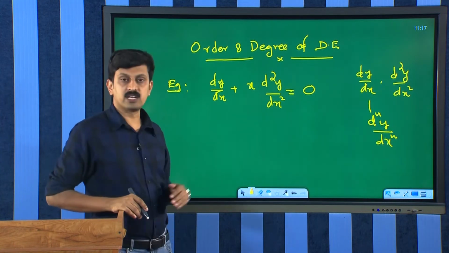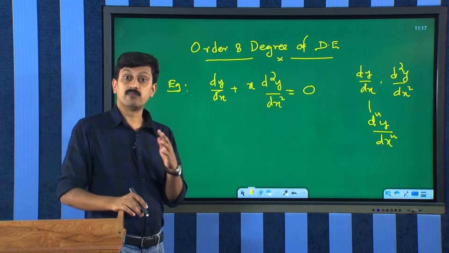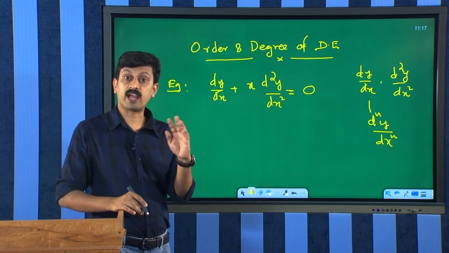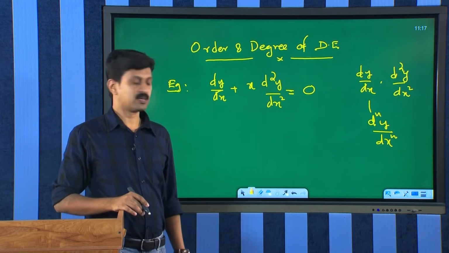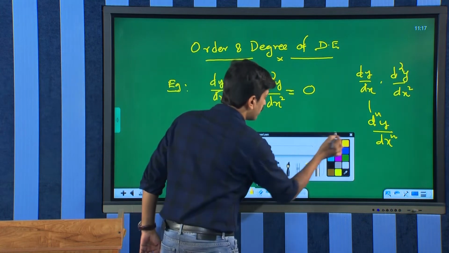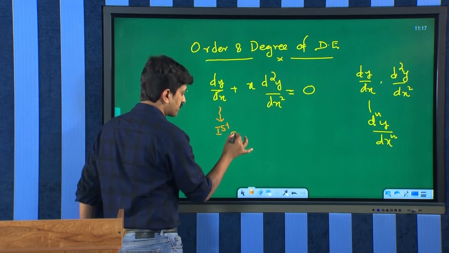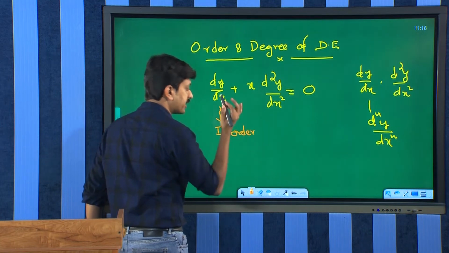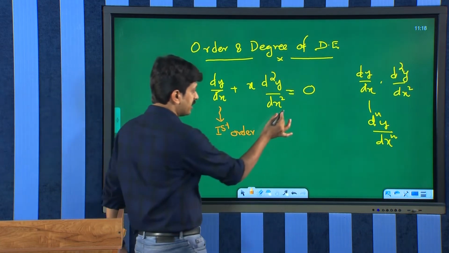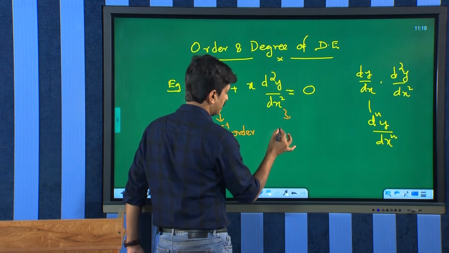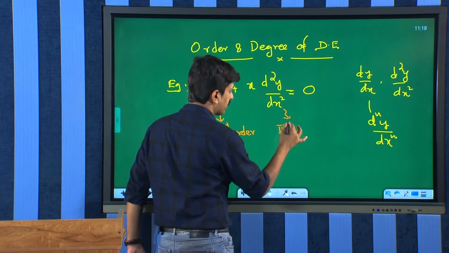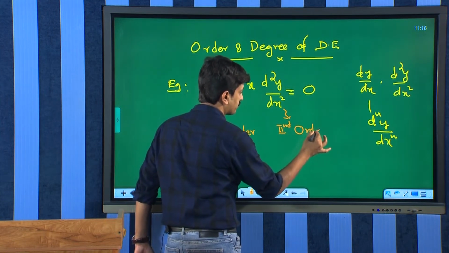In this differential equation, we have two derivatives. The first one is the first order derivative dy by dx. Similarly, there is a second order derivative d square y by dx square.